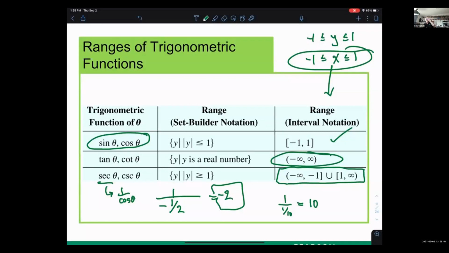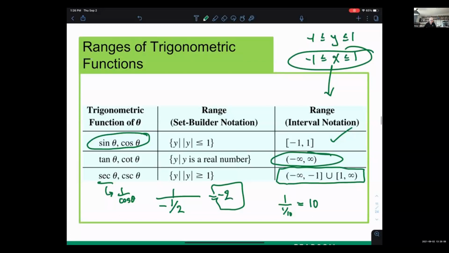If any of you are already starting to work with a graphing calculator, you can just type sine X into your graphing calculator and have it make a little picture for you so you can visualize the range of the Y values of your graph, if that's helpful at all. We're going to do that a lot more extensively later, but if you're already playing with a calculator, this is a time where you could do that as well.